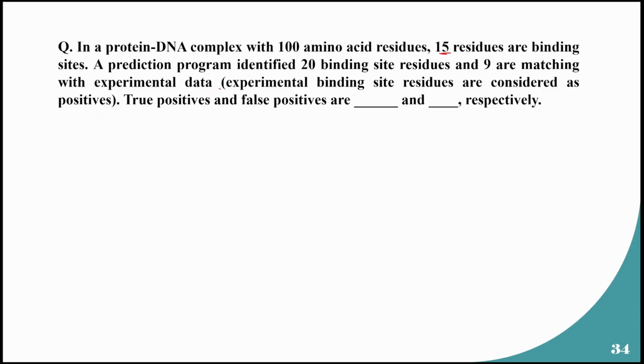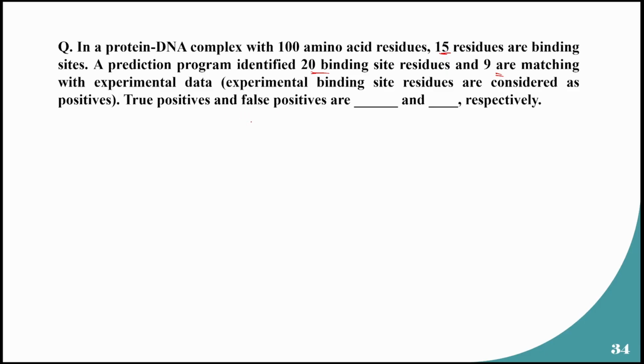Now you have a prediction program which identified 20 binding site residues and 9 of them match the experimental data. The experimental binding sites are considered positive, of course, because you have to think of experimental data as the actual values. Okay. So what are the true positives and false positives in this particular case?